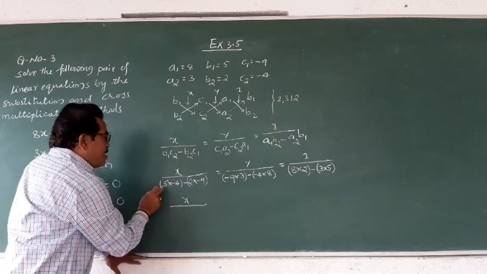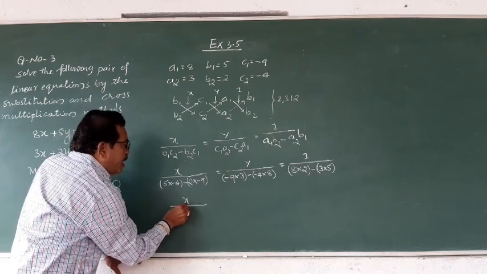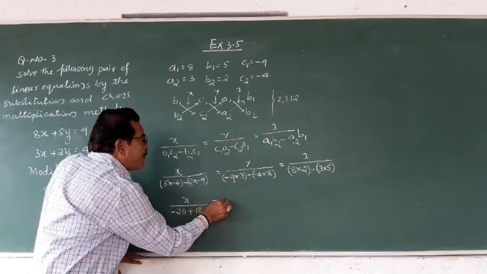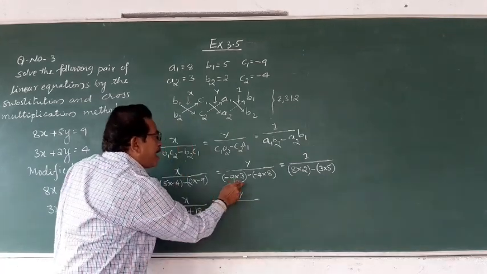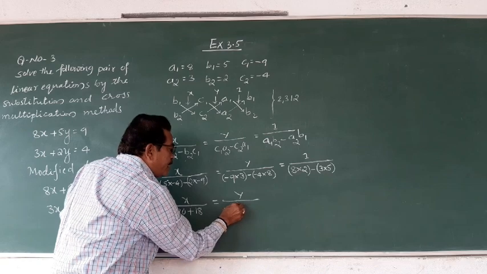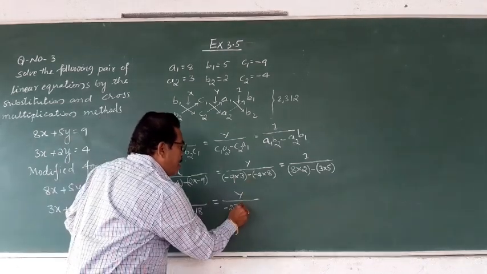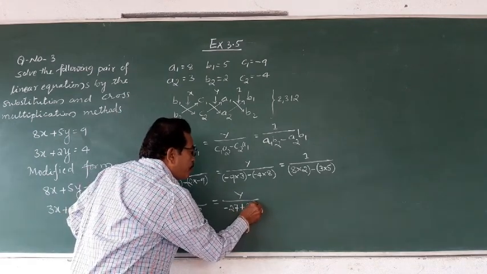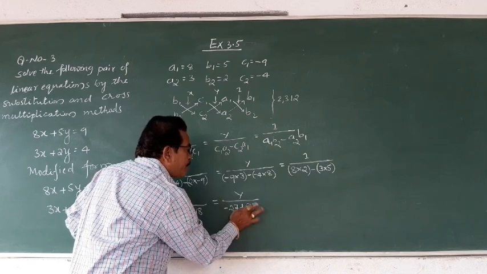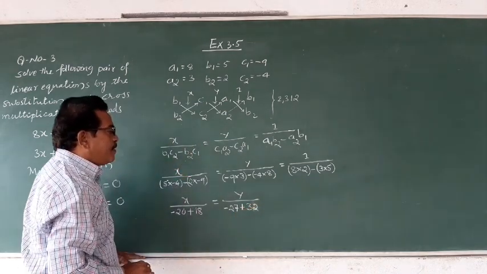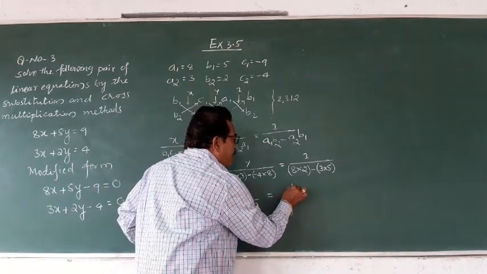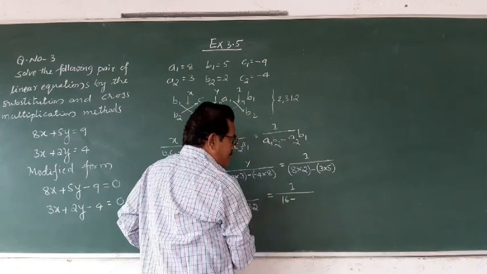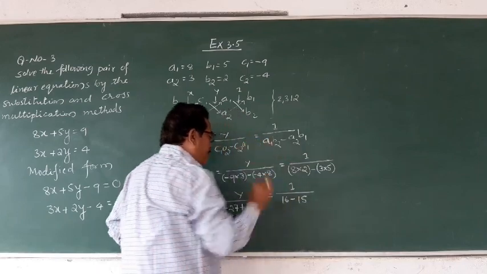X divided by 5 fours are minus 20, minus into minus plus, 9 twos are 18, that is equal to Y divided by 9 threes are 27 preceded by minus sign, then minus into minus plus, 8 fours are 32, that is equal to 1 divided by 8 twos are 16 minus 3 fives are 15.